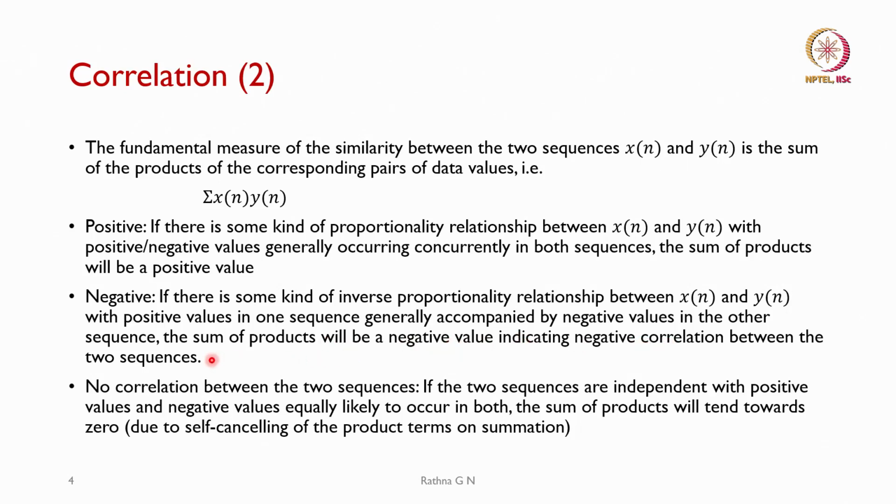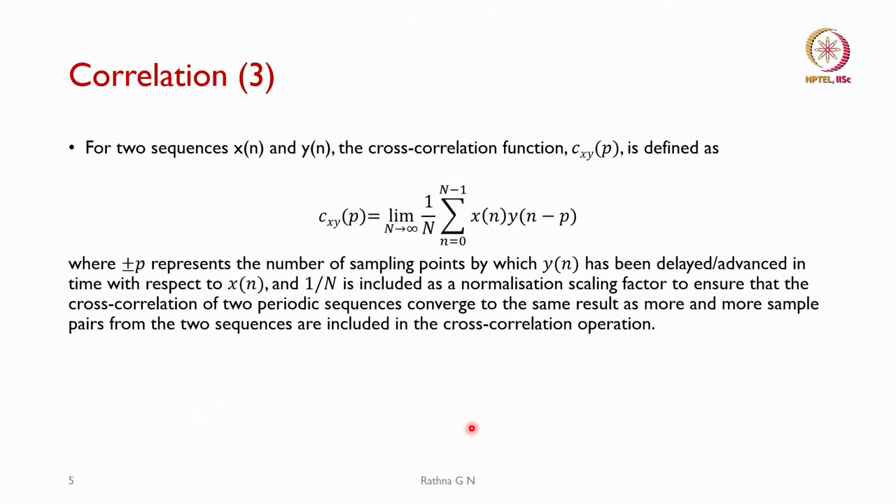We say there is no correlation if the two sequences are independent, with positive and negative values equally likely to occur in both. The sum of products will tend towards 0 due to self cancelling of the product terms in the summation. Then we say that they are not correlated.